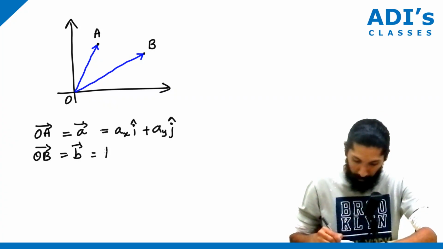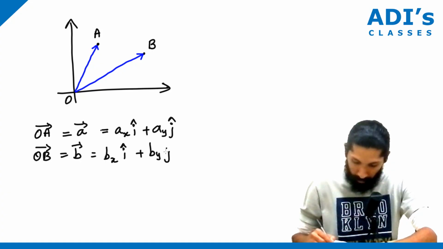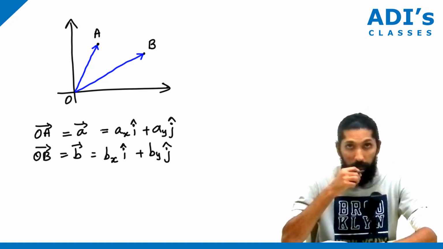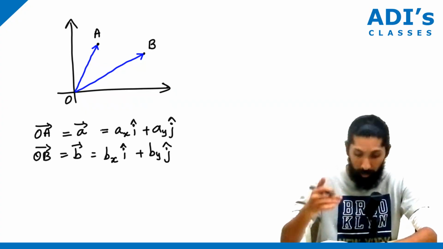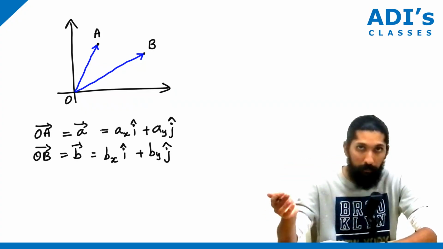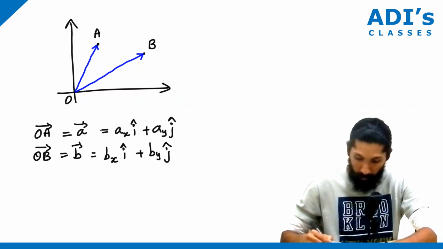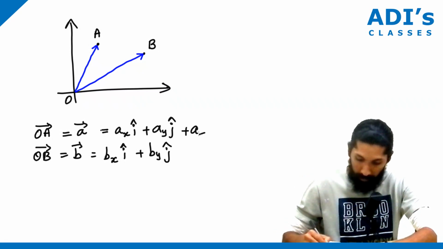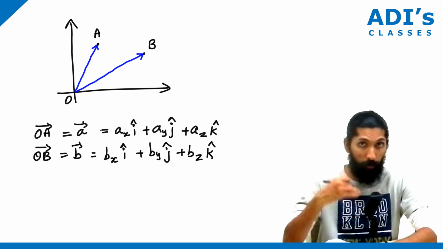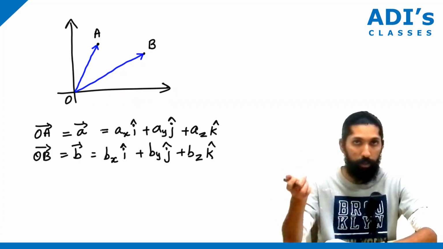And vector B will be BX i cap plus BY j cap, isn't it? Since we are looking only in two dimensions, we have just i and j. If you extend the same thing into three dimensions, then we are also going to have plus AZ k cap, plus BZ k cap, correct?